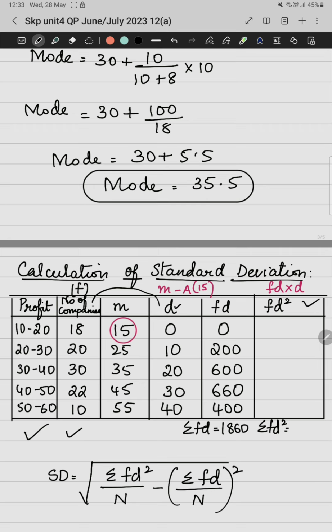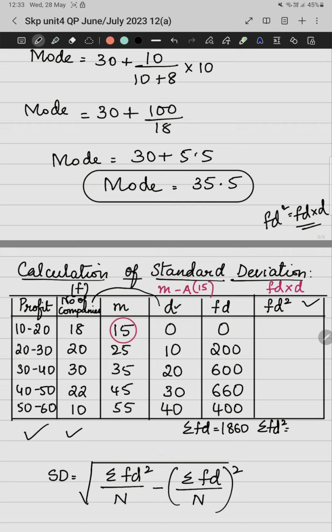Now FD square. Here almost most of the students will go wrong, where they say FD square is FD into FD. No, it's not like that. It's FD into D. When you do standard deviation individual problems, I have explained there.